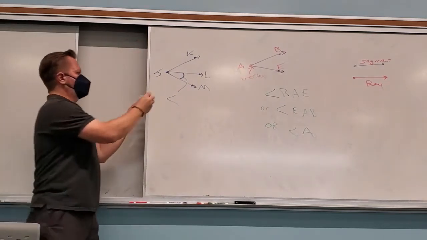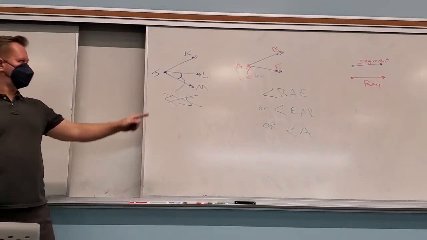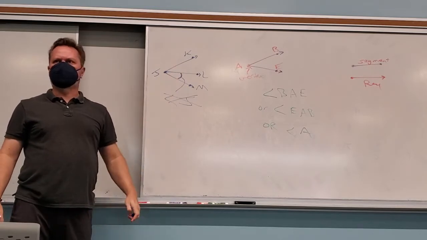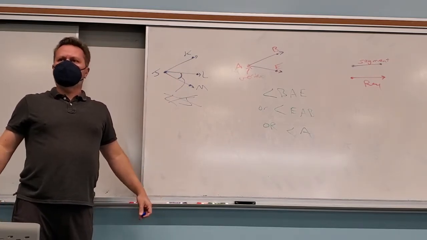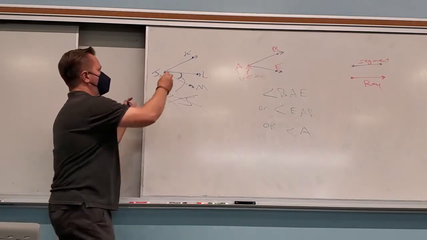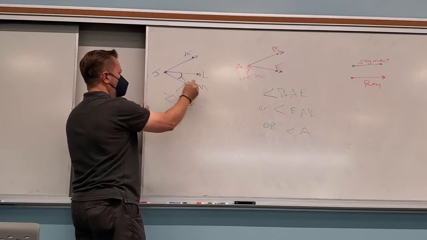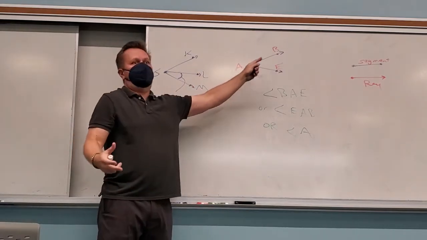Why can't I call it angle J? Why is that not good? What could angle J reference? Couldn't it reference this? Couldn't it reference this? Couldn't it reference this? You see what I'm saying? So why was I able to do it here? Because there's only one angle there, right?